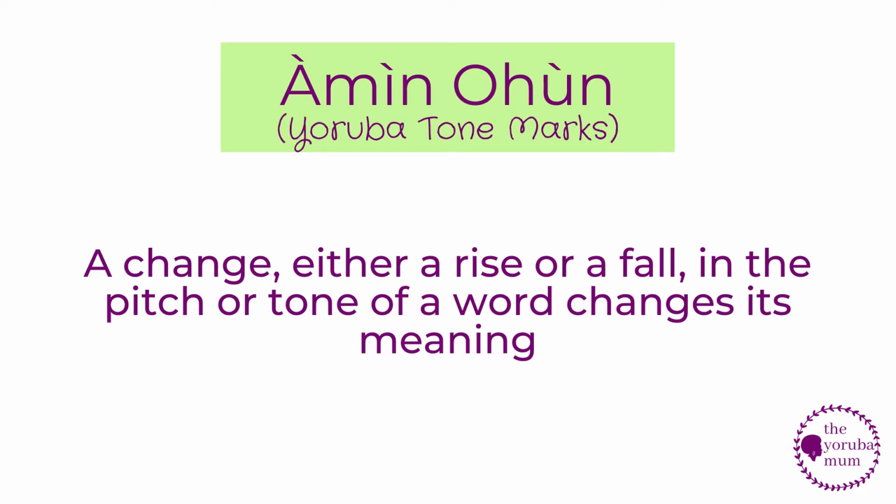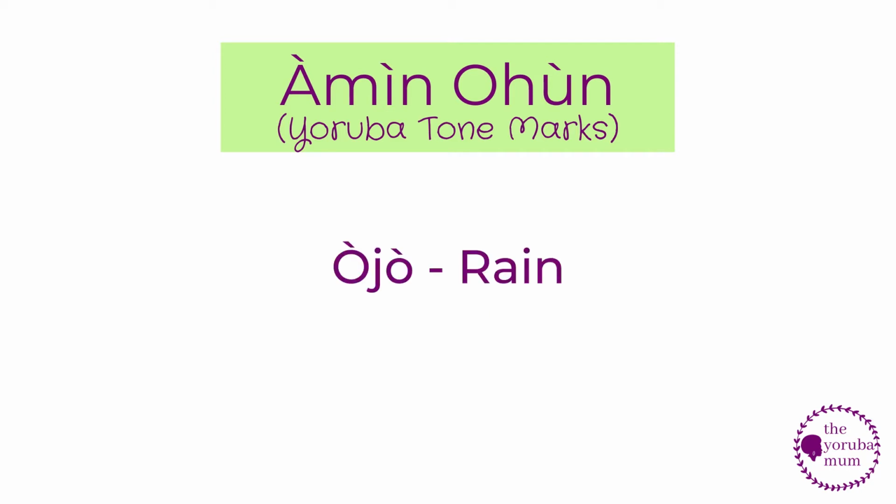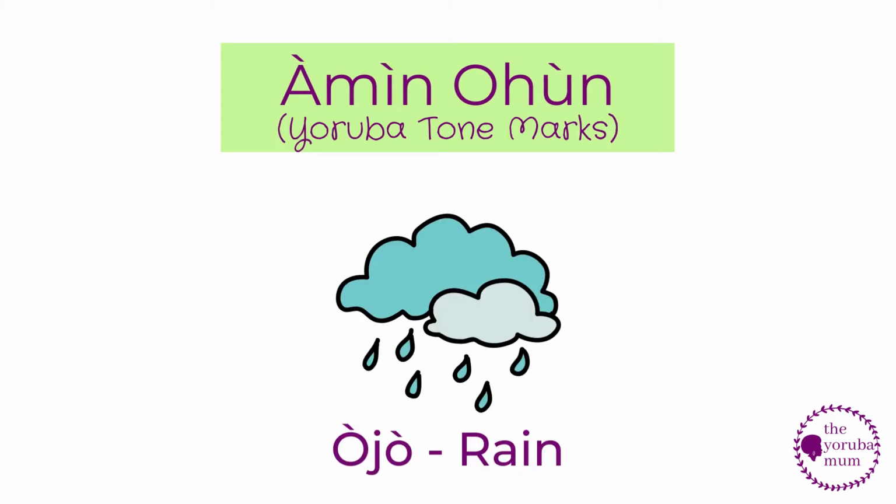For example, check out this word. The word spelled O-G-O. How would you pronounce that word? Now, there are several pronunciations for that word. You could say Ojo. Ojo means rain. You could say Ojo.